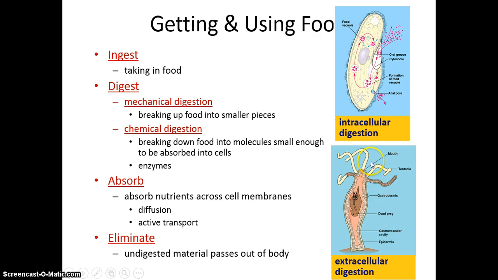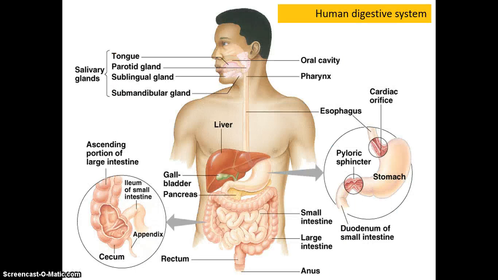We're basically this one big long tube within a tube. Unlike the hydra here, we have two openings. So we have a mouth and an anus, and so food would travel through that tube and then leave in this direction. Whereas they have just one entrance and exit. So food comes in, gets broken down, absorbed, and then whatever doesn't get absorbed gets spit back out that way.